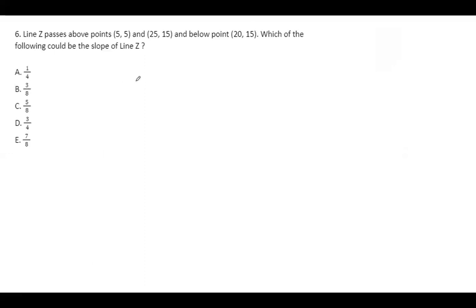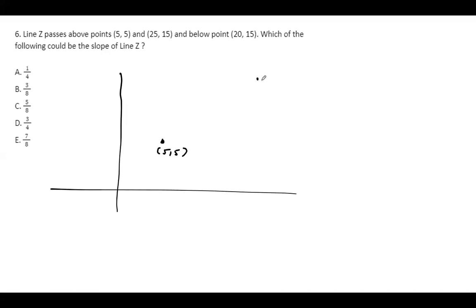Go for this question. Line Z passes above points (5, 5) and (25, 15). Just a sec. So this is, let's say, (5, 5), and this is (25, 15). And below the point (20, 15). So I'm saying (20, 15) would lie somewhere here.